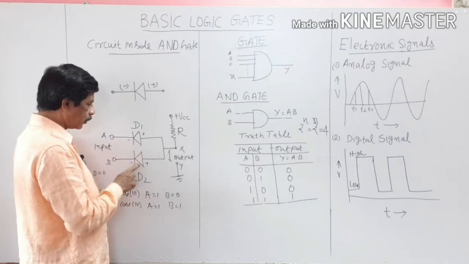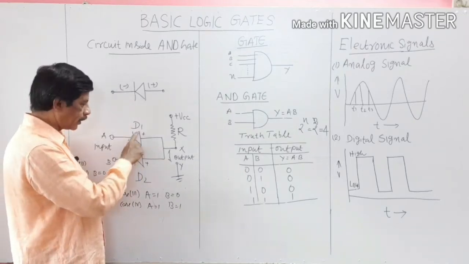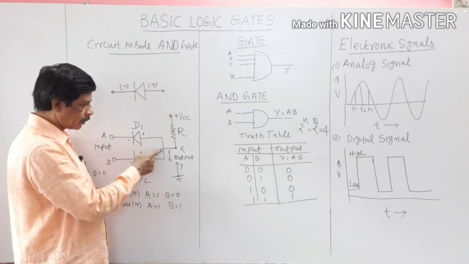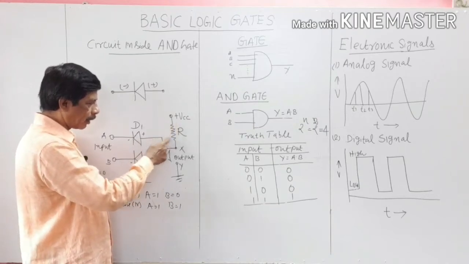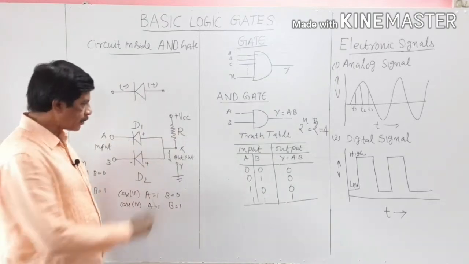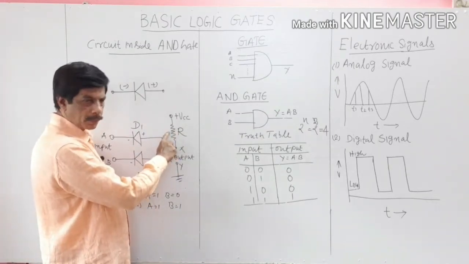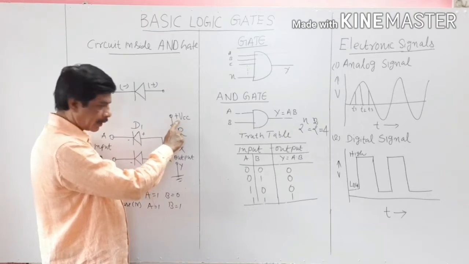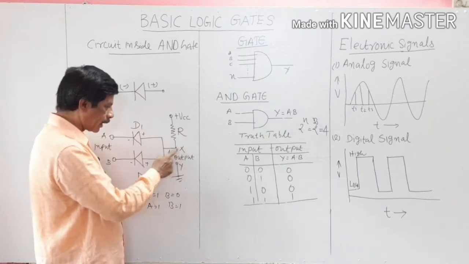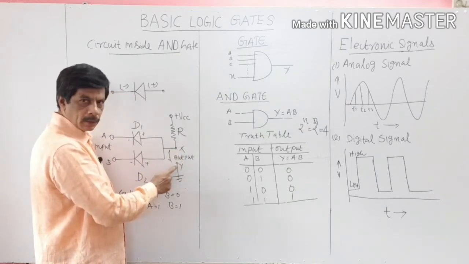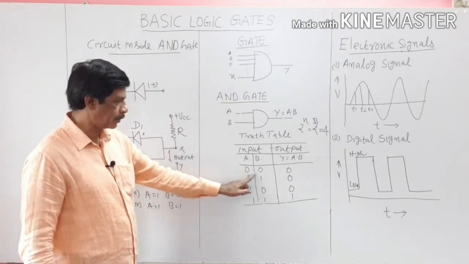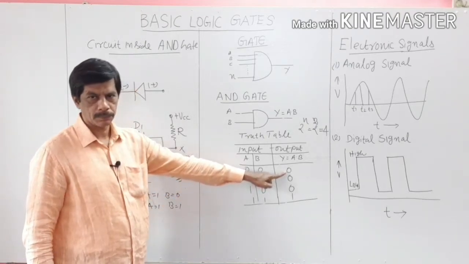So when both diodes become forward biased, current is generated in the circuit. This current is dropped across capital R as a voltage drop. Because of this voltage drop, the applied voltage cannot enter the point capital X. When you measure voltage between capital X and capital Y, the output shows 0 volt. That is 0, 0, the output is equal to 0.